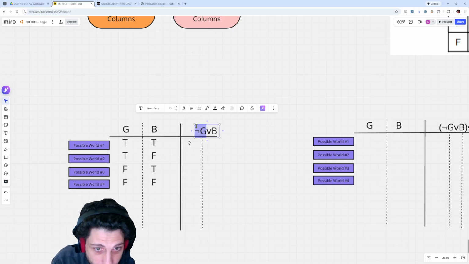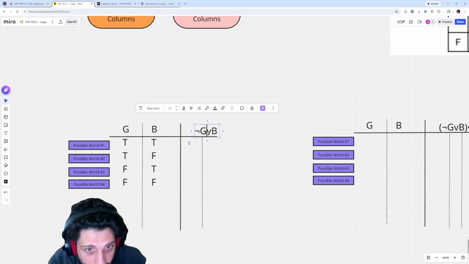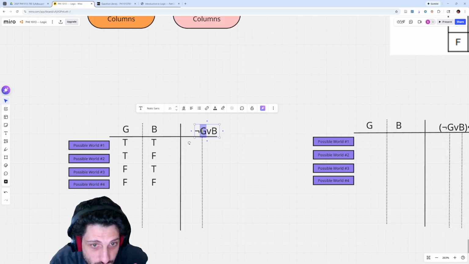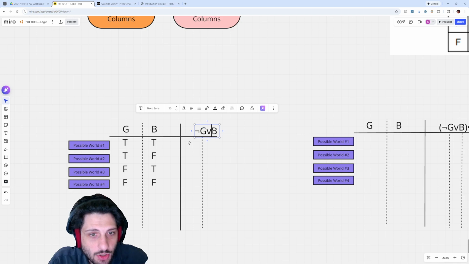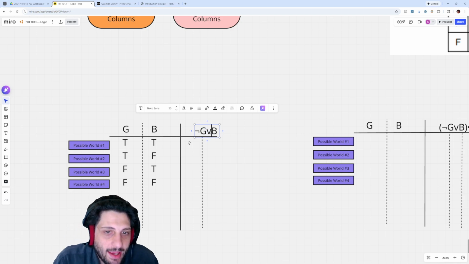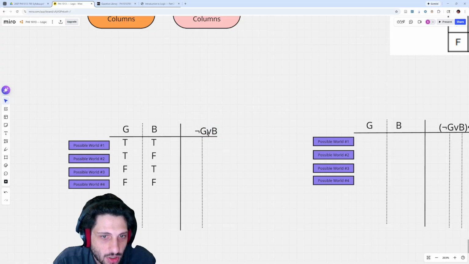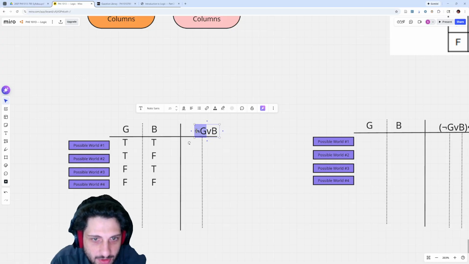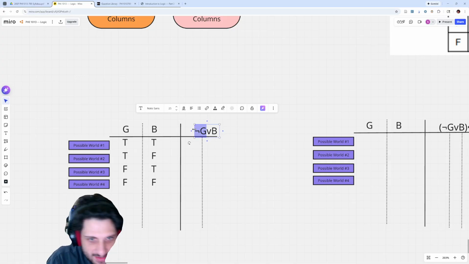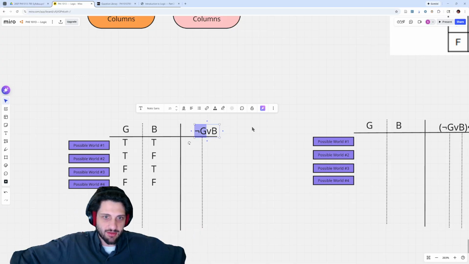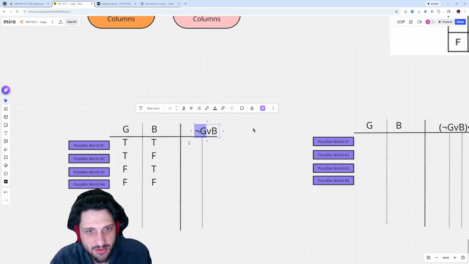Hopefully, if you're feeling confident with that, this negation is only applying to this G. So we simply cannot determine the truth value of the disjunction until we figure out whether the left side is true. The left side is this big, complicated, not G thing. I need to figure out if that's true first.